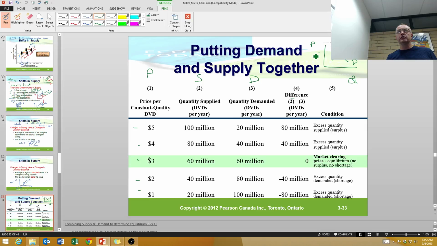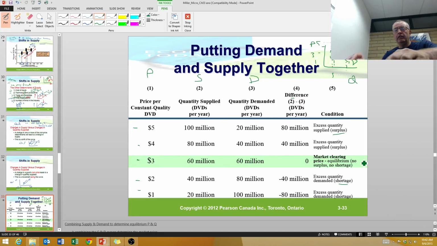And if that's the price of $3. And if the price is more than $3, what are we going to see? We're going to see that the quantity supplied is going to be higher than the quantity demanded. And so that's going to give us a so-called surplus. And if the price is lower than this so-called equilibrium price, then the quantity supplied is going to be less than the quantity demanded, and then we're going to have a so-called shortage.